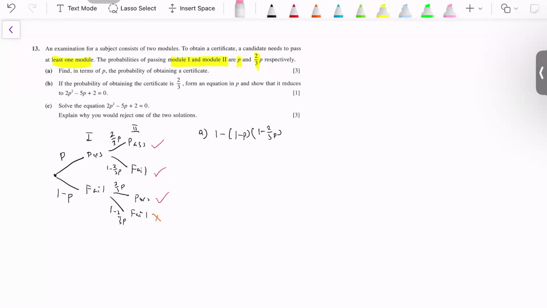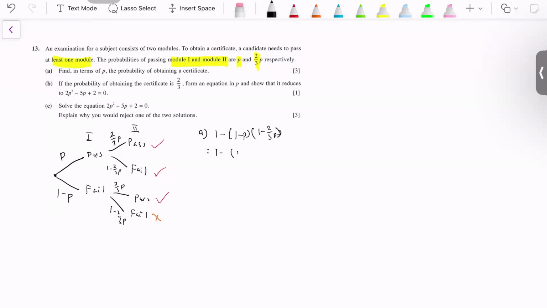So in this case, what we'll get is 1 minus, we have to multiply this two brackets.